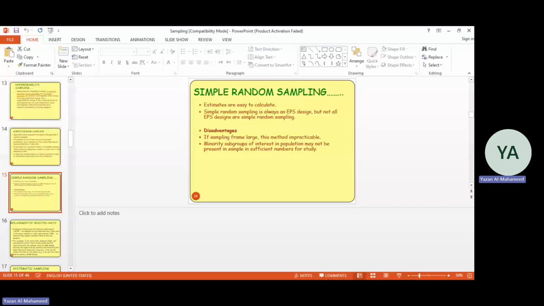Those institutions could be schools, universities, cities, or bigger entities like countries. So we select some clusters, like schools, for example, at random, and from each cluster we select some members randomly.